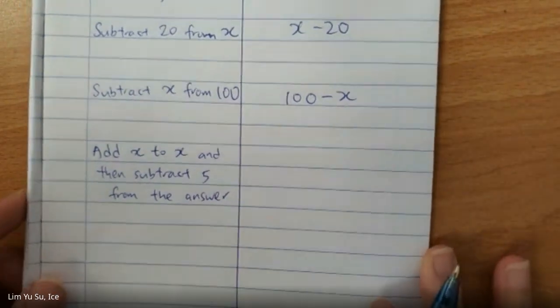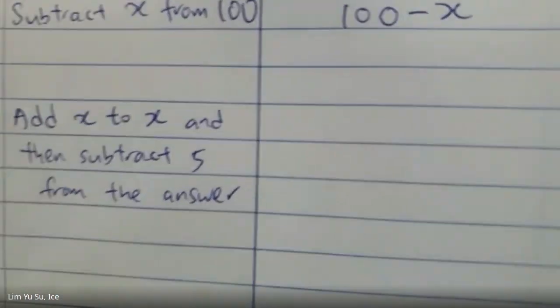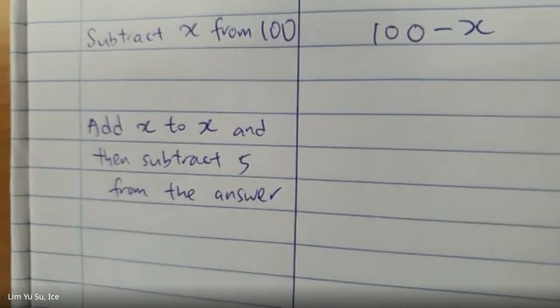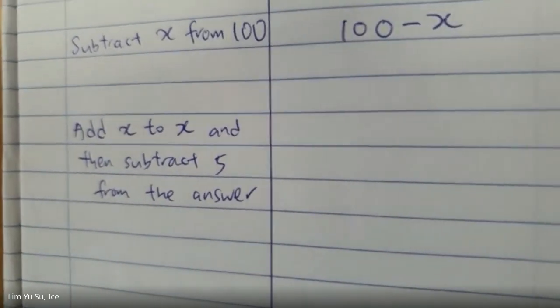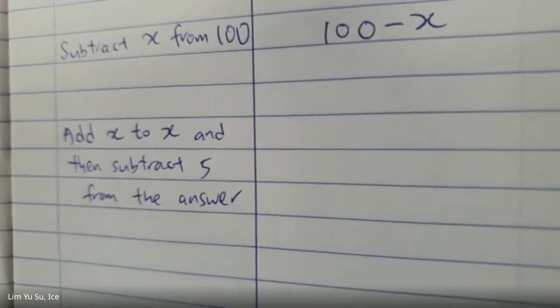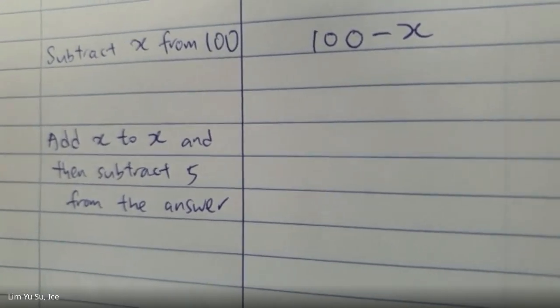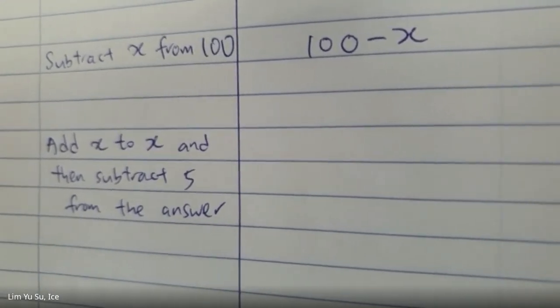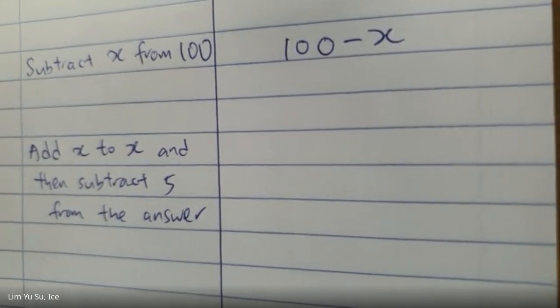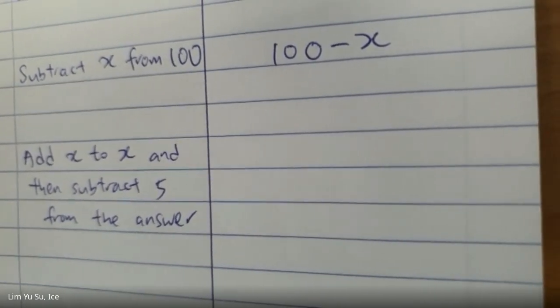What do you think it is? Wait. Give your friends time to think. I will want this answer on Monday. Add x to x and then subtract 5 from the answer. What is that expression? Is that okay?